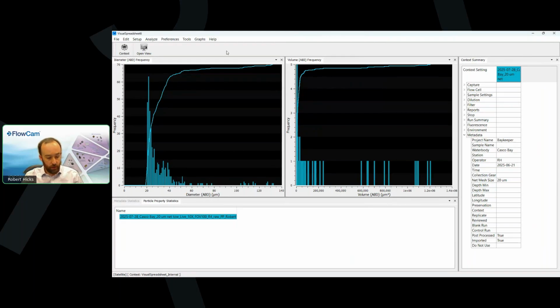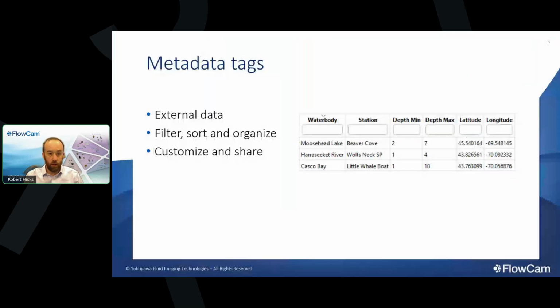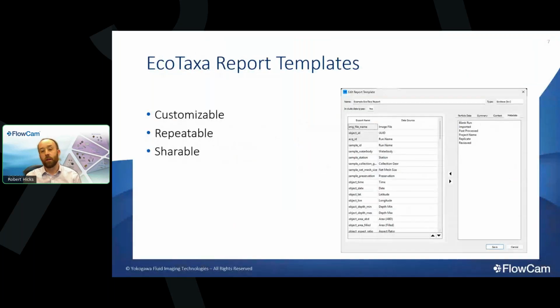So moving on to the next topic after metadata tags, we can go to EcoTaxa report templates. So this is a place where we're going to have a practical application of these metadata tags for bringing in that external information and applying that along with all of the particle properties for pulling into EcoTaxa, which many people are using these days.